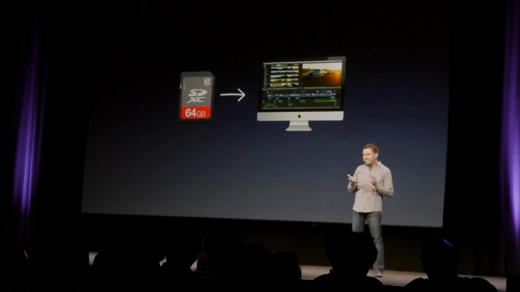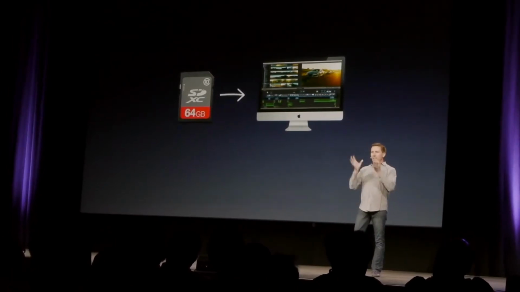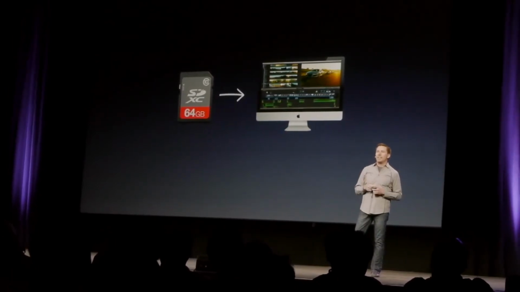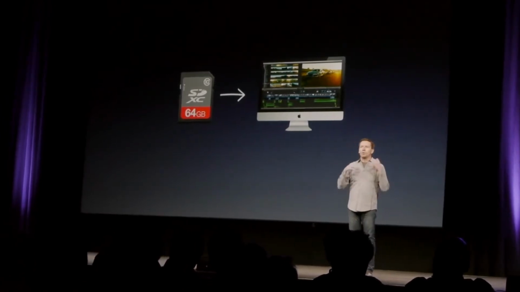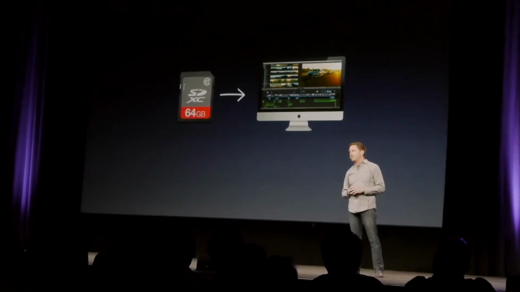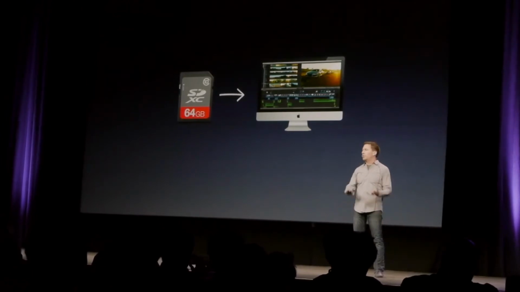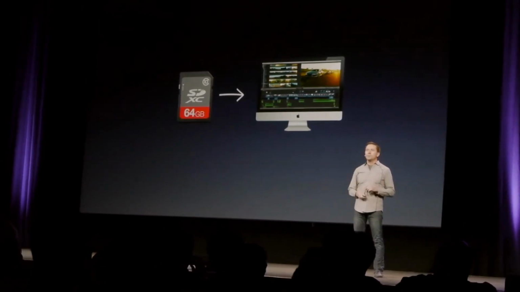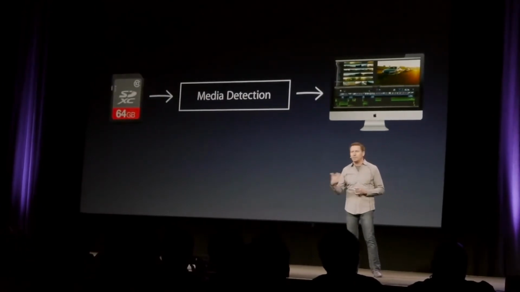But that kind of wasn't enough. That's pretty straightforward, but we also wanted to take advantage of the machines again to prep your media for the organization and editorial process. And that's where content auto-analysis comes in. On the way in, in addition to prepping it for editing, we also do some of the straightforward things, like media detection, is it an audio file, a still, that kind of thing.